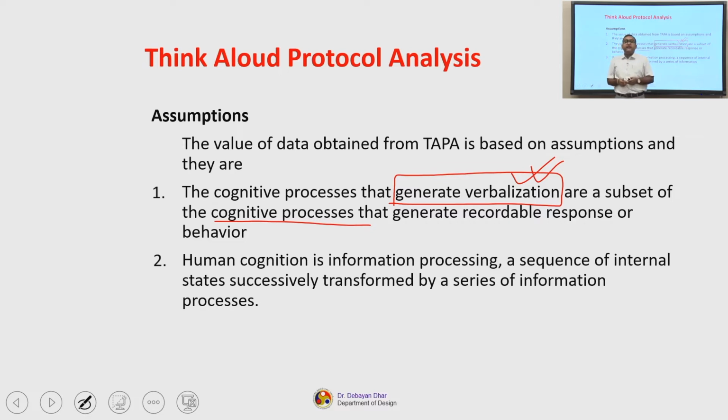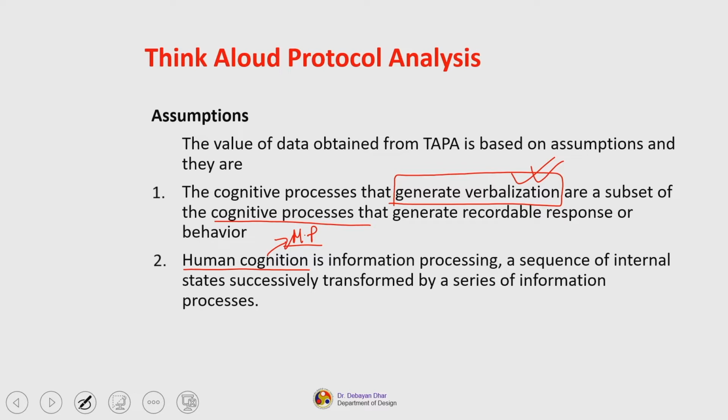Human cognition is information processing. It is a sequence of internal states successively transformed by a series of information processes. So, here we are talking about the mental processes, and what we understand about mental processes is that it is about processing the data, processing the information that we assimilate through our senses, and it consists of a sequence of internal states.